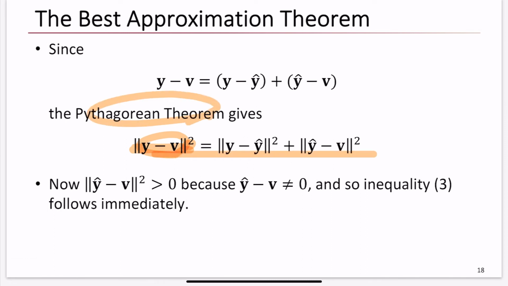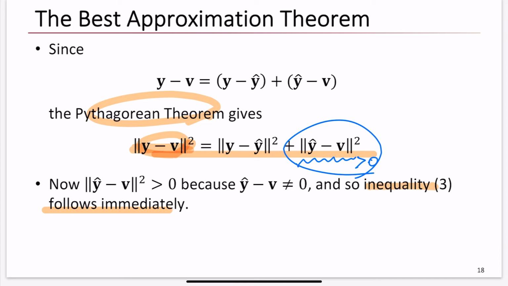And intuitively, this one is always larger than 0, because we assume that v is not equal to y hat. So the inequality follows immediately.